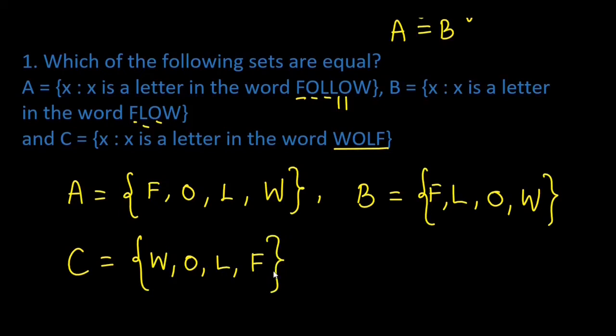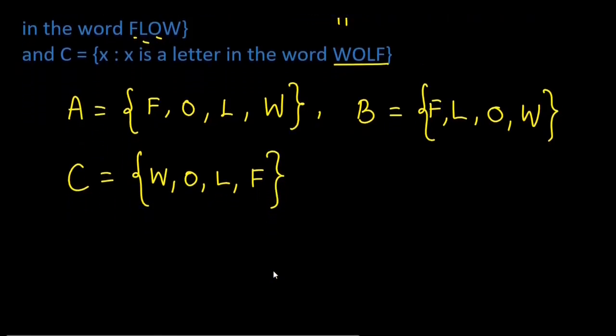Now observe the three sets. In each set, we have the element F. F is here, here, here. O is in A here, O is in B here, O is in C here. And L is in A here, B and C also.